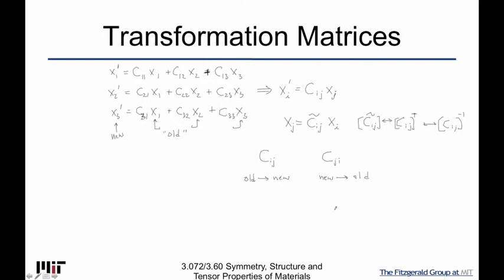So as powerful as it is to say, I've got my Cij, now I have something in the new coordinate system, and I want to transform that vector into the old one, you just literally change these around, and you can do it. Of course, the danger is that if you start flipping these around in all these formulas, it gets confusing, right? Then it's very dangerous. So, this is essentially the inverse, then, right?